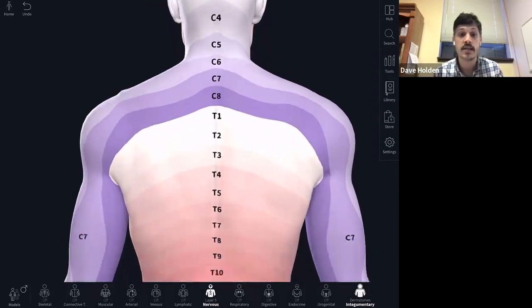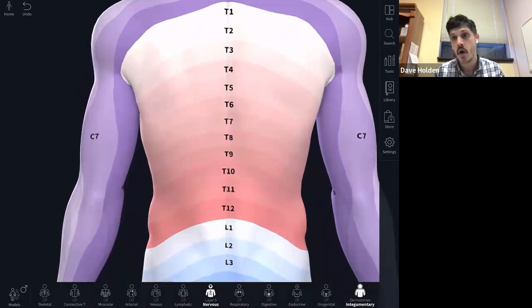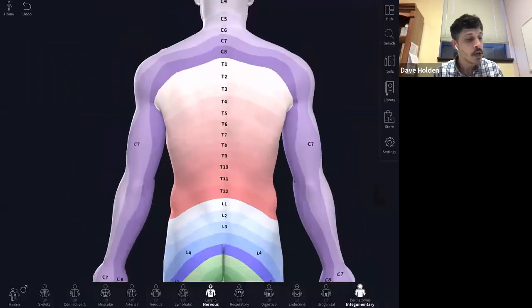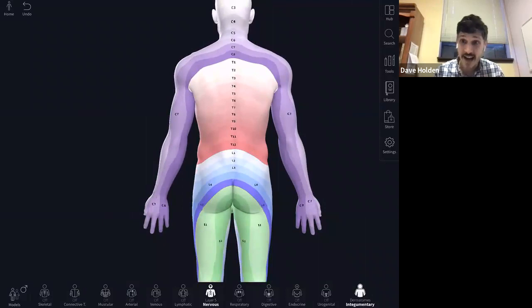C4, T1, T12, L2, where the nerve is exiting the spine, that nerve will go on to innervate some bit of skin. We can actually identify exactly what nerve is innervating some section of skin because they are arranged in this pattern called dermatomes.